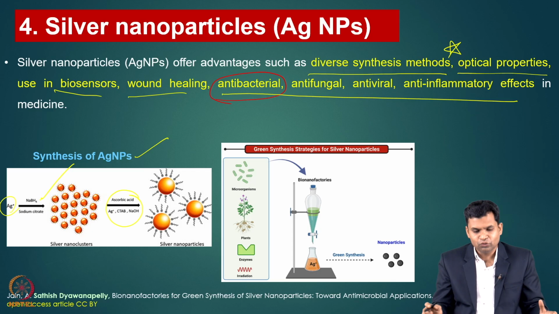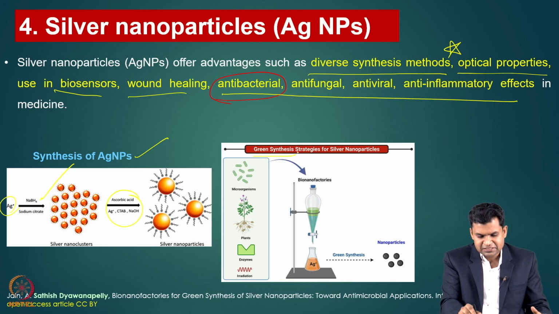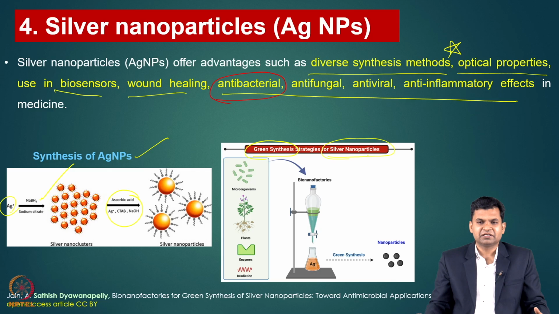Nowadays, various green synthesis techniques are coming up for the production of silver nanoparticles. Yes, they have their own advantages, and these are called biogenic silver nanoparticles.